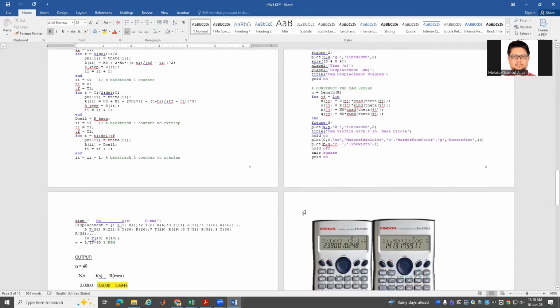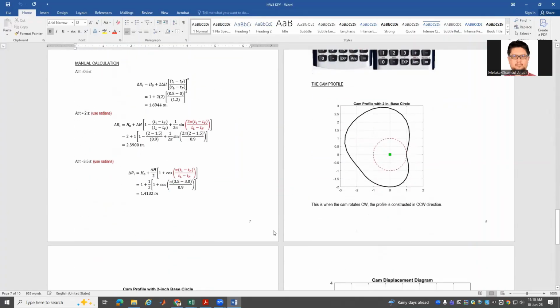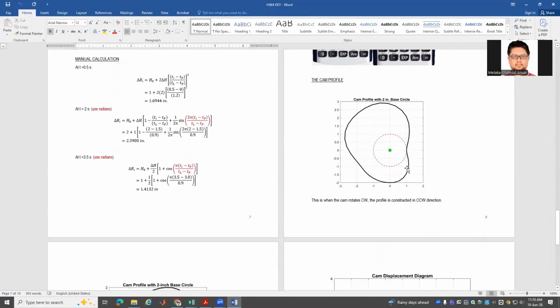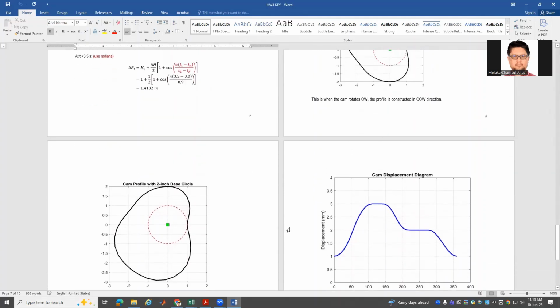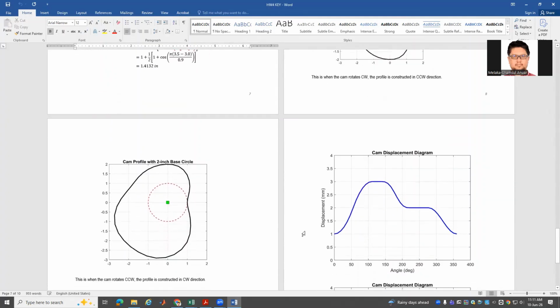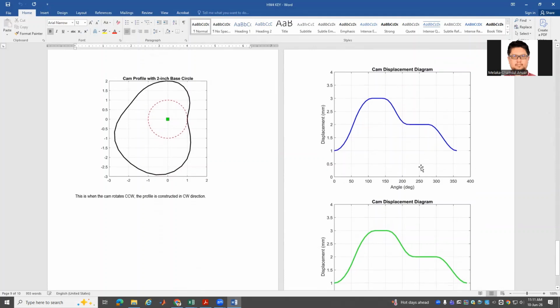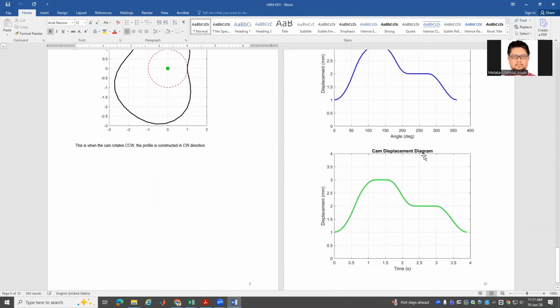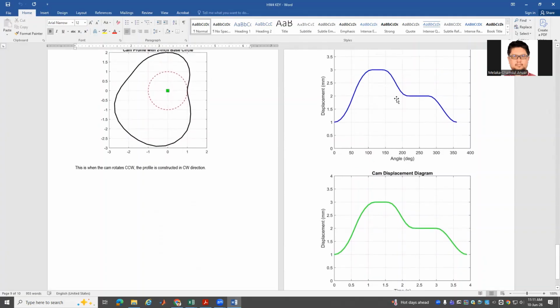But this one only gives you the cam profile and cam displacement diagram. So this one is operating if you go by angle, and this one is operating if you go by time. So it doesn't matter. It'll look the same. It's supposed to look the same.